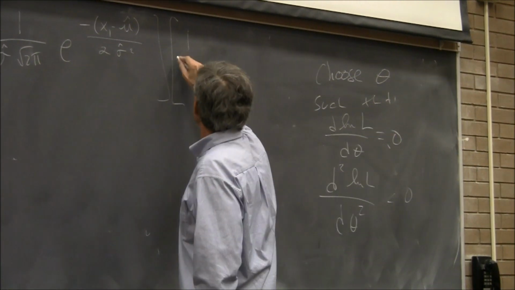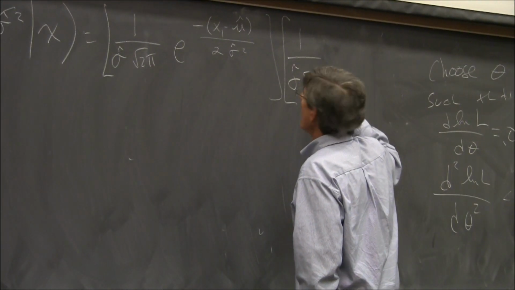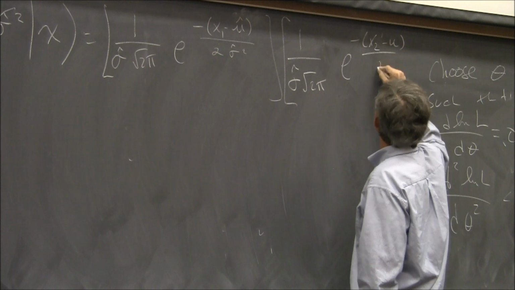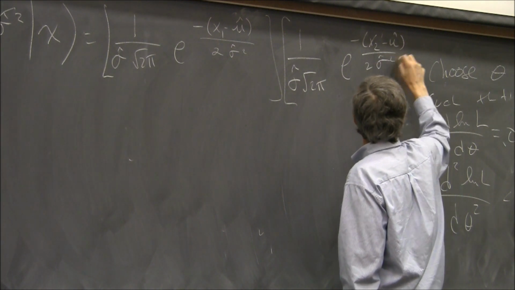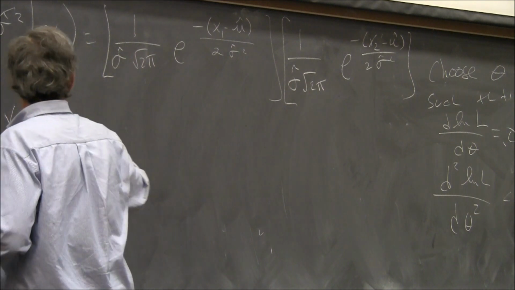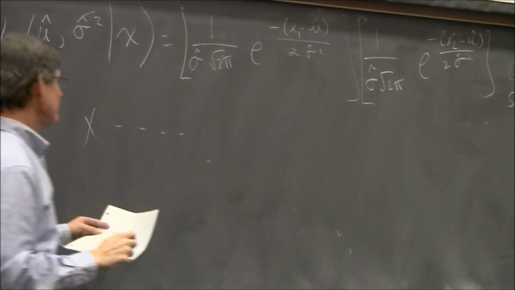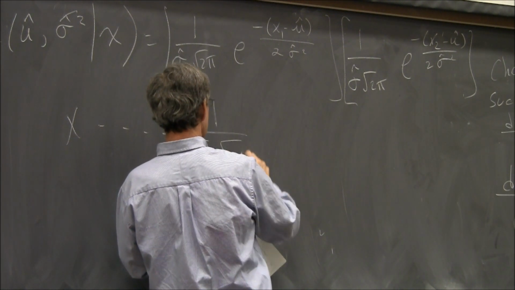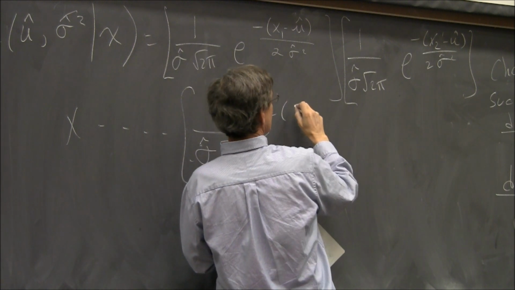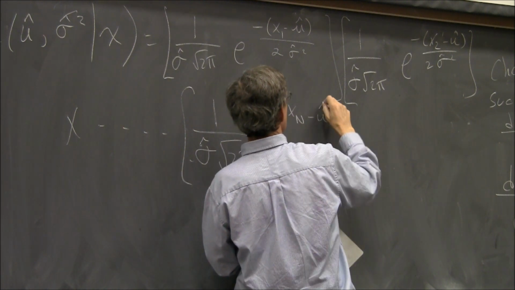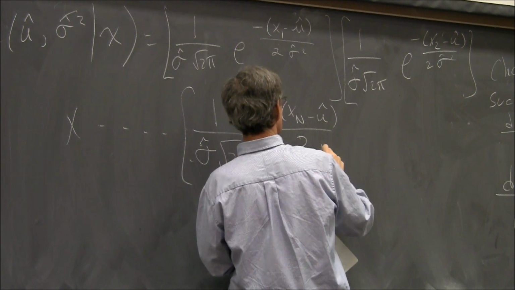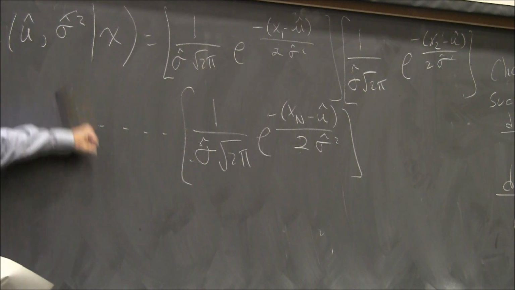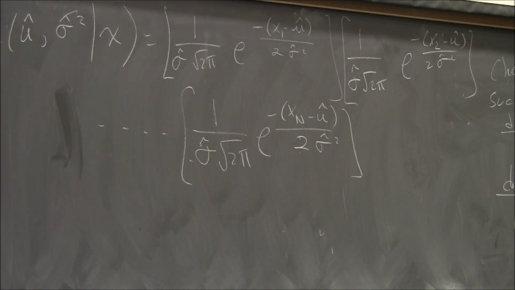So 1 over sigma hat square root 2 pi e to the minus (x2 minus mu hat) squared over 2 sigma hat squared, times dot dot dot, times 1 over sigma hat square root 2 pi e to the minus (xn minus mu hat) squared over 2 sigma hat squared. So multiply all those together, and you'll get the likelihood function.